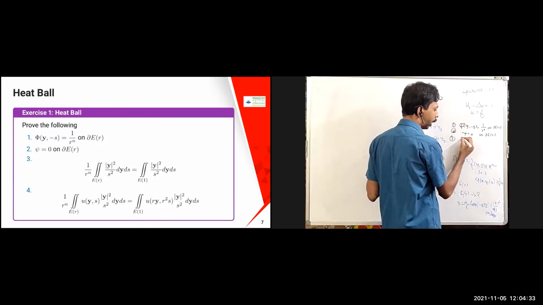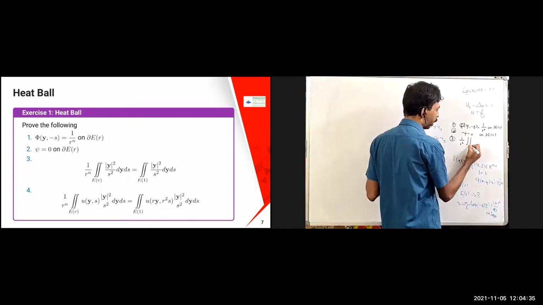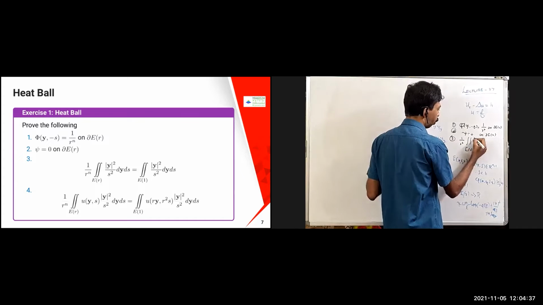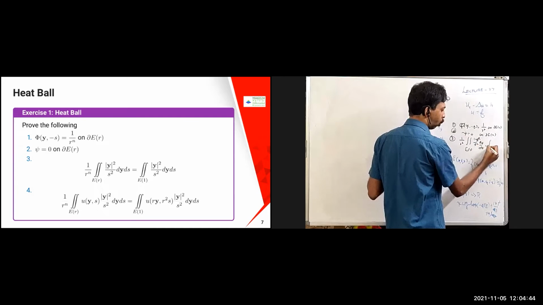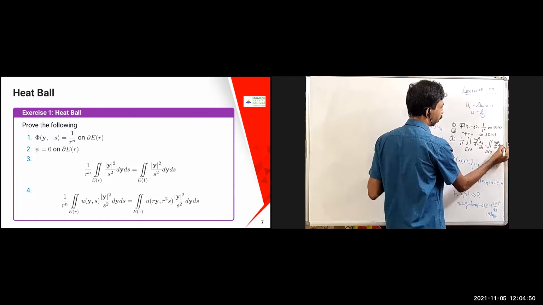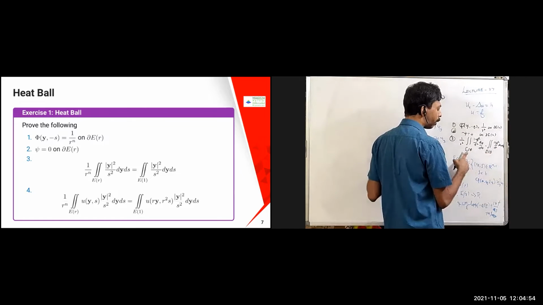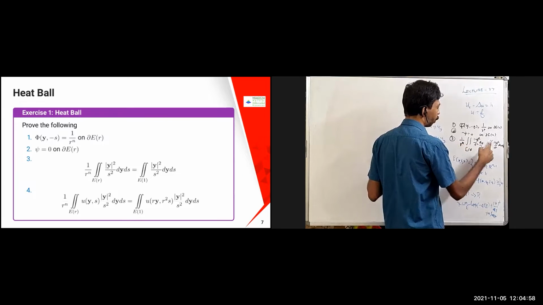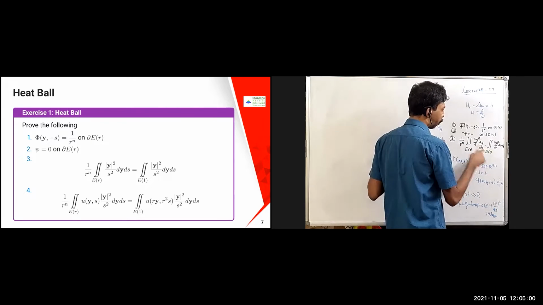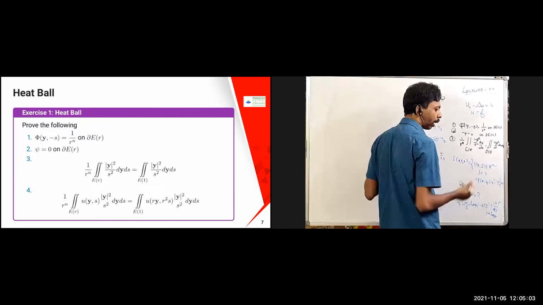And property number 3, 1 by r^n integral over E(r) of mod y squared by s squared dy ds is going to be the integral over E(1) of mod y squared by s squared dy ds. Means the relation between the ball with radius 1 and the ball with radius r is that you have to multiply by r^n, then you are going to get that.